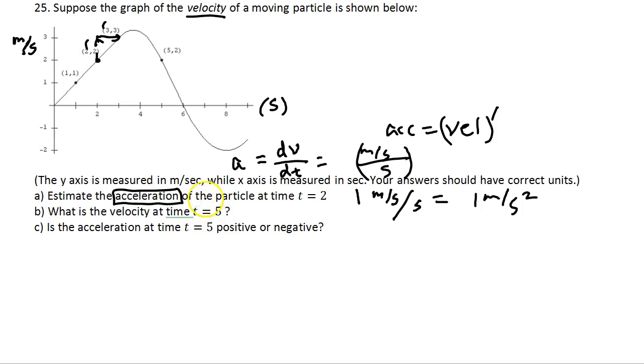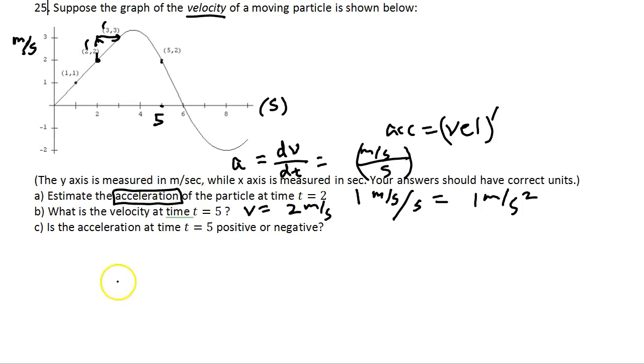What is the velocity at time t equals 5? Here's 5. The velocity value is 2, therefore the velocity is 2 meters per second, because that's the height. The graph itself is the velocity. Is the acceleration at time t equals 5 positive or negative? At 5, is the speed increasing or decreasing?